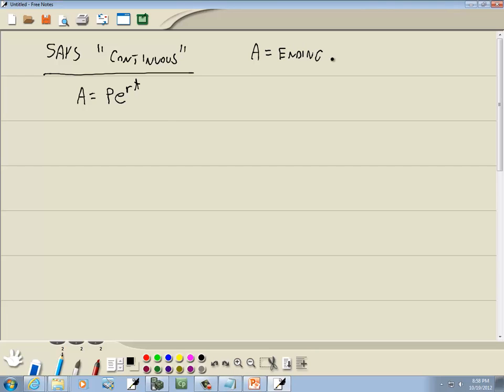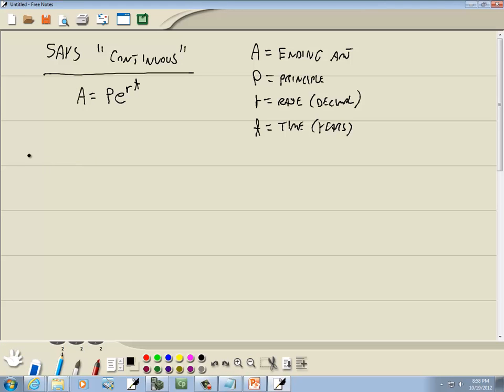That hasn't changed. Our P is our beginning amount, or our principal. R is our rate, and that has to be in decimal again. So if we had 3%, for example, we'd use 0.03. And T is our time, and again, that's in years.